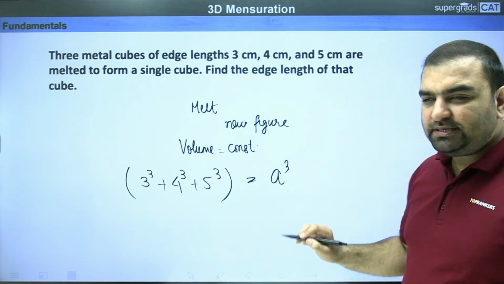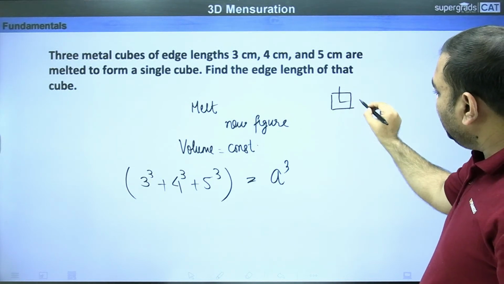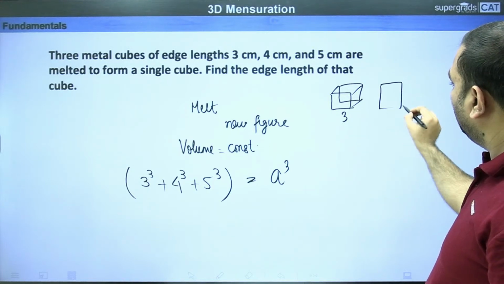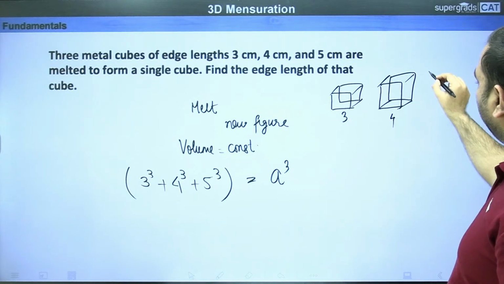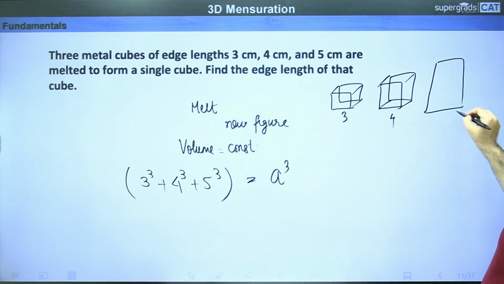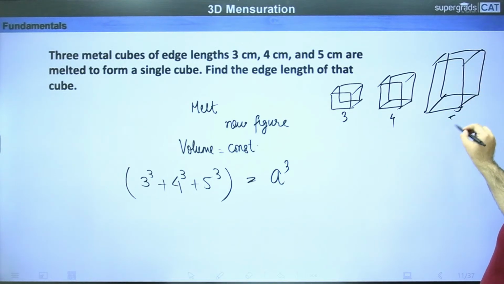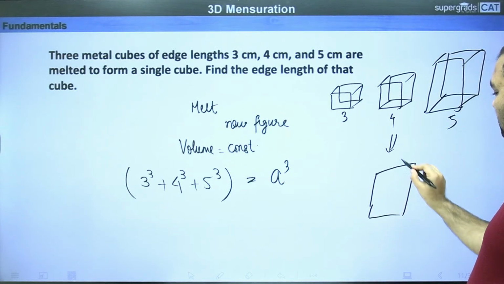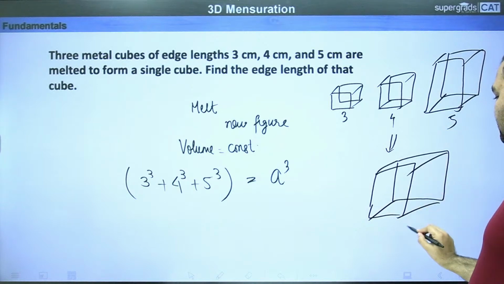If you want to visualize this, it is something like this: there were three cubes of side 3, 4 and 5, you have melted them and formed a new cube of side A. So their volume should remain constant.